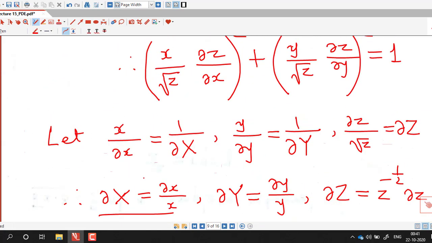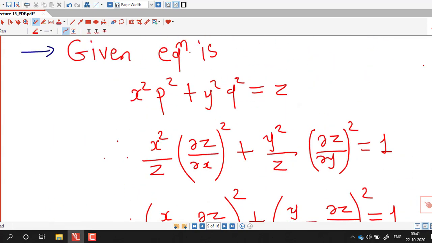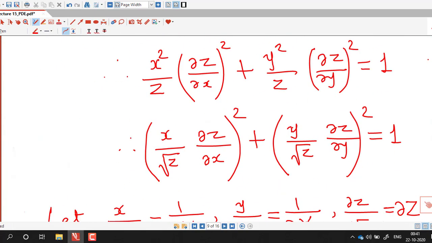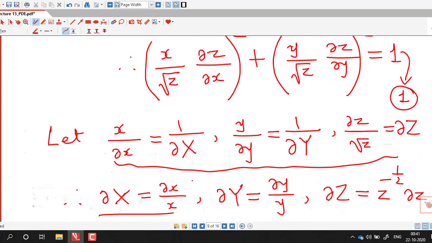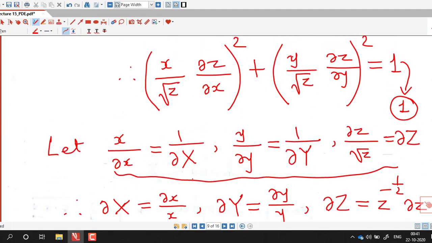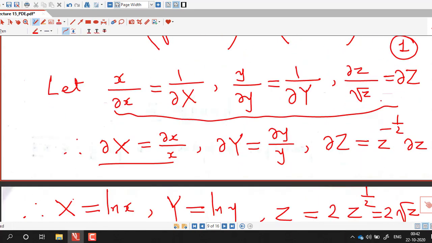So now if we substitute these values in this equation, suppose this equation is equation number 1. So if we use this change of variables in equation 1, then we will have del capital Z by del capital X square plus del capital Z by del capital Y square equal to 1.